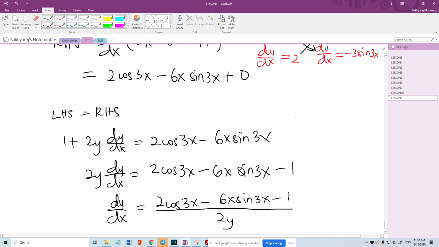This is your first derivative, which means your dy dx.